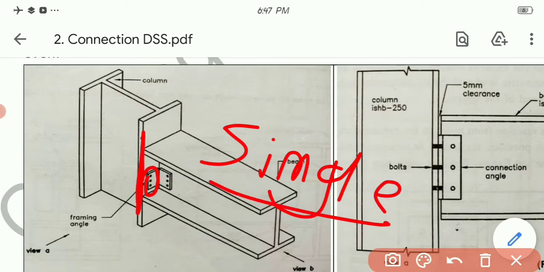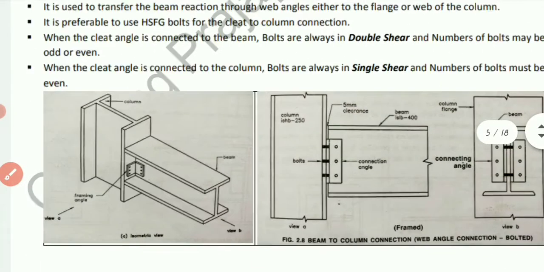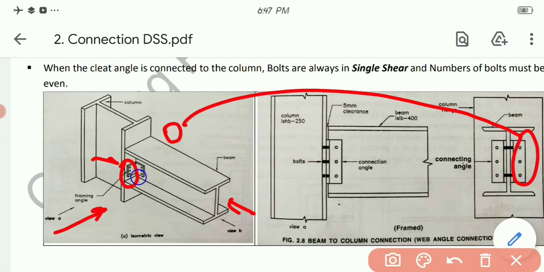And the number of bolts, as we can see from this view, just a minute. See, from this view, we are providing the cleat angle with the column over here with this angle, and over here also one angle will be there which we cannot see from this side. So it will be like this, this one is this, while this one is this.